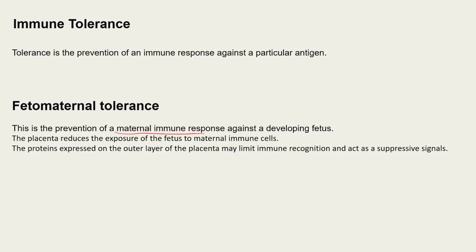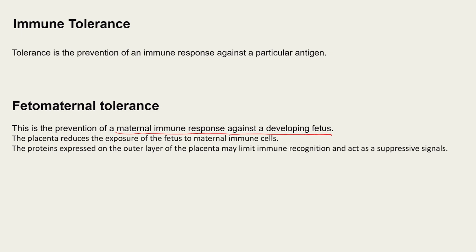Until the gestation period ends, the fetus can survive in the uterus because of this very important phenomenon called feto-maternal tolerance. This prevents the maternal immune response against the developing fetus. Otherwise, if this phenomenon is not happening, there could be an abortion in the first trimester or the second trimester in females.